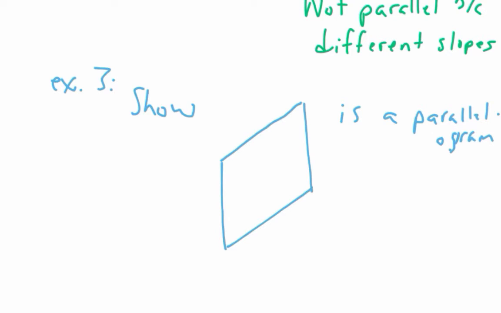If something's a parallelogram, what do you know about the opposite sides? They have to be parallel. So then what we'd have to do is go through and figure out what's the slope of each of those 4 sides, each of those segments. And then from there you could determine, is the slope of the top and the bottom the same? Is the slope of the left and the right the same? If so, it's a parallelogram.